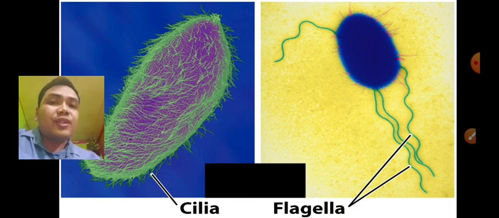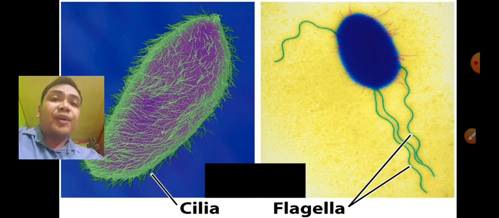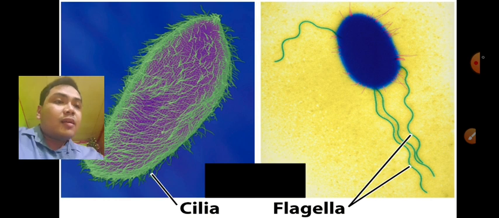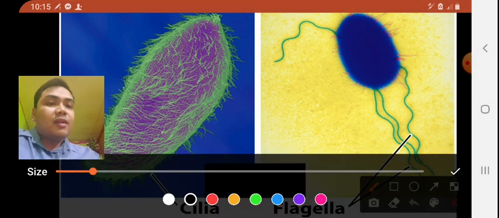So for the first one, based from the observation that we have, they differ in terms of their number per cell. So obviously, we can say that cilia, okay, they have large number per cell.